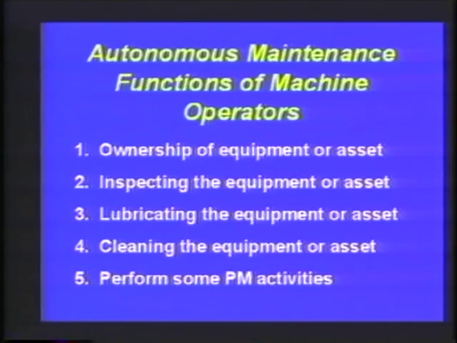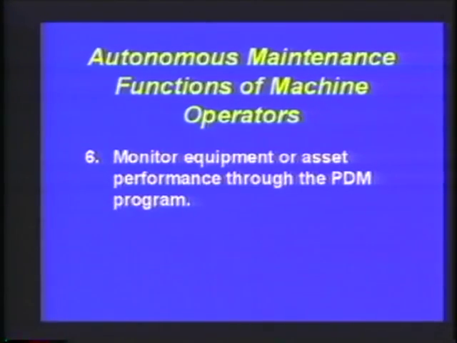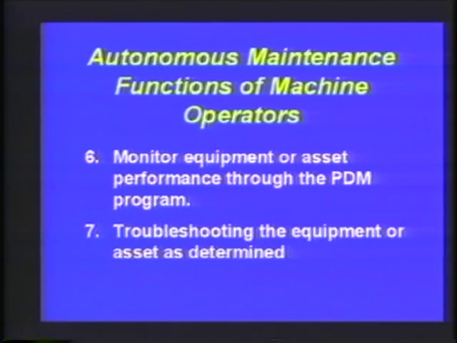They may perform some PM activities with PM personnel themselves, replace bearings or whatever is required, and likewise monitor the equipment or the asset performance through the program relative to recording running time versus downtime. What troubleshooting is required for the equipment or the asset to determine the cause.